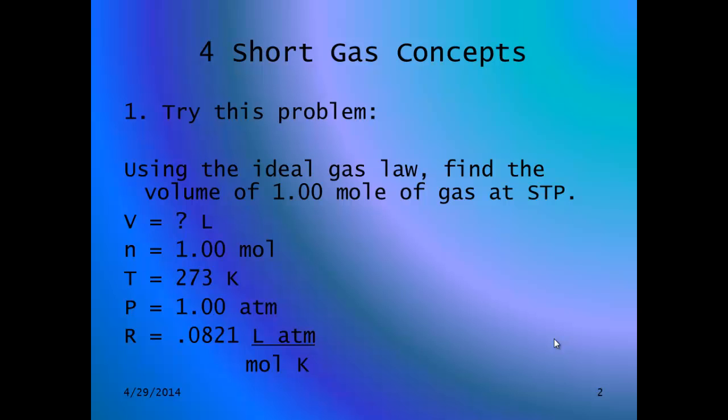What did we get for the answer for this? 22.4. 22.4 liters. Does it say anywhere in this question what gas this is? No. Would it change any of the numbers if I said it was hydrogen or oxygen or carbon dioxide?